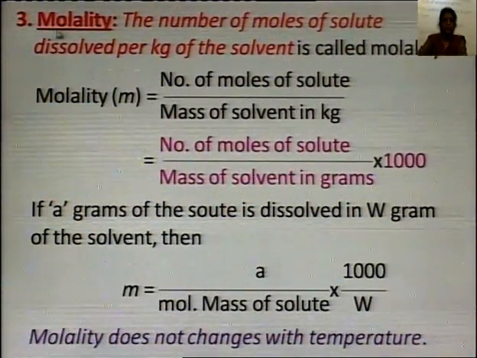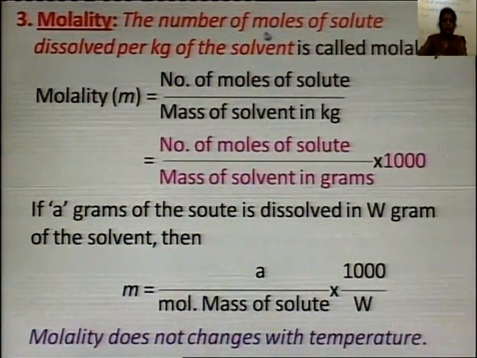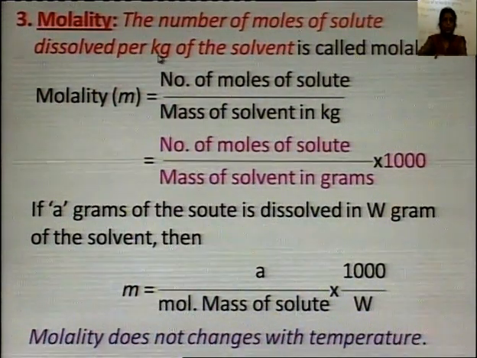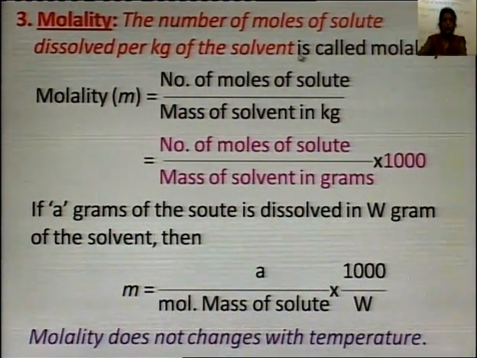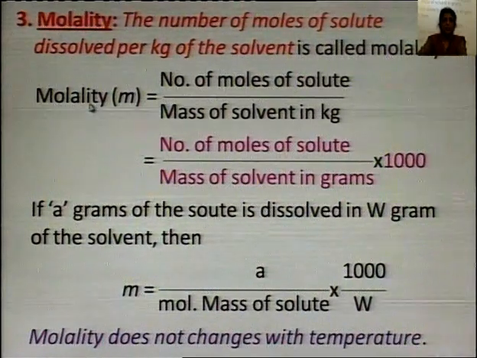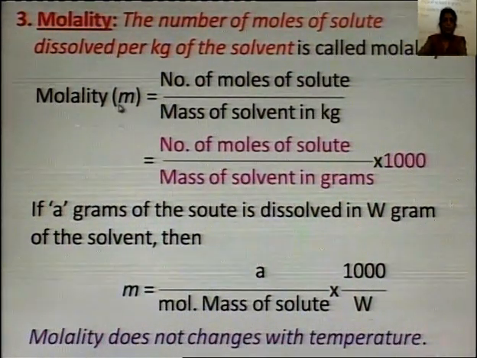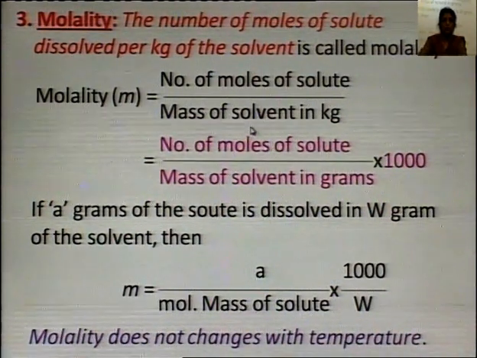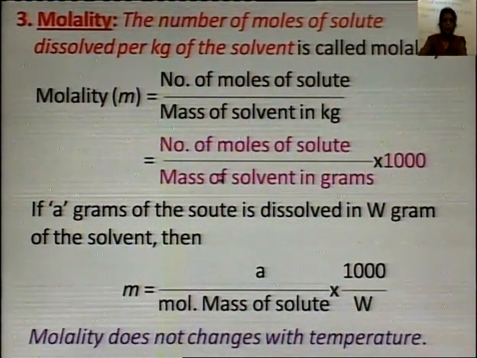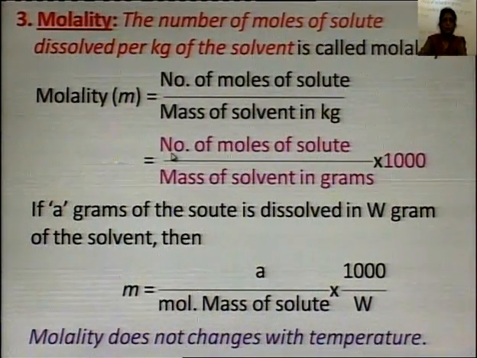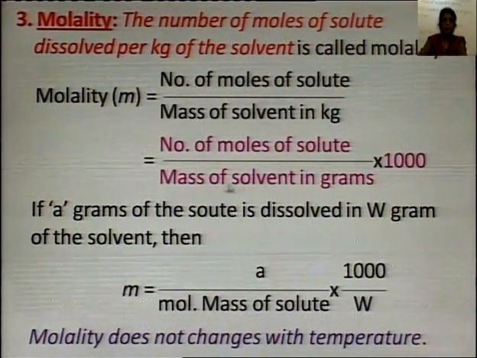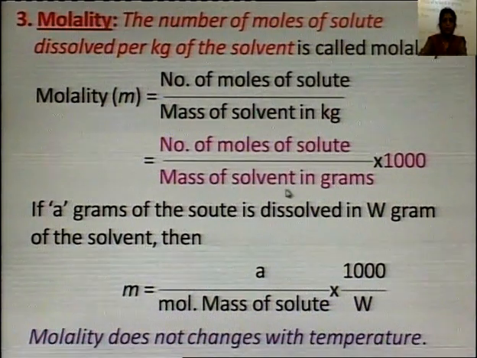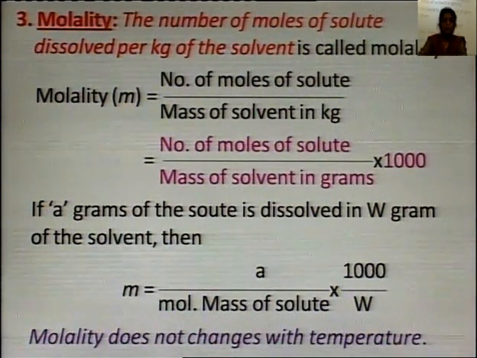Then the next method is molality. Number of moles of solute dissolved per kilogram of the solvent is called molality. So, molality, represented by small m, is number of moles of solute divided by mass of solvent in kilograms. If mass is given in grams, the equation becomes number of moles of solute divided by mass of solvent in grams into 1000.